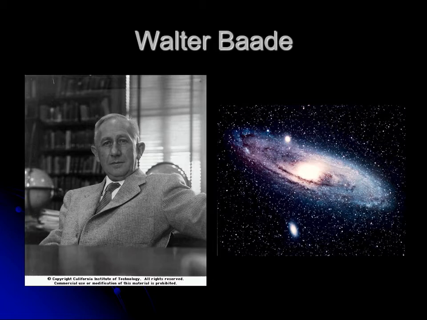Then Baade, while working in Germany, discovered one of the first asteroids that crosses Earth's orbit. He got a scholarship to go to America and worked at Mount Wilson Observatory, where together with Fritz Zwicky he looked at stars that suddenly appeared in the sky, novae we call them, and discovered that some of them were too bright and were actually stars that were exploding. So he discovered supernovae and explained the physics of that.